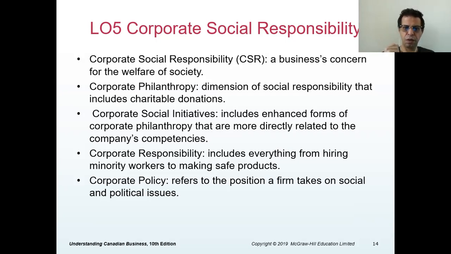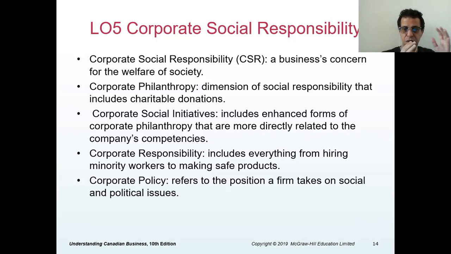when you are making donations. Now, corporate social initiatives include enhanced forms of corporate philanthropy that are more directly related to the company's competencies. So you need to be more competent in your field of work, and more responsible, which comes in corporate responsibility, which includes everything from hiring minority workers to making safe products.